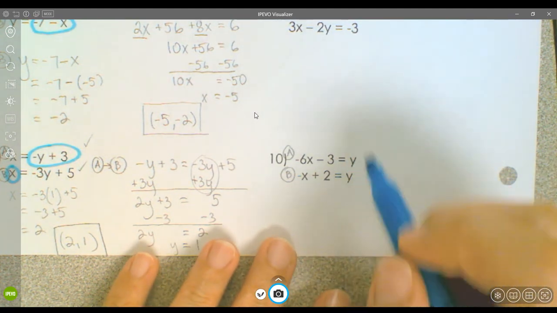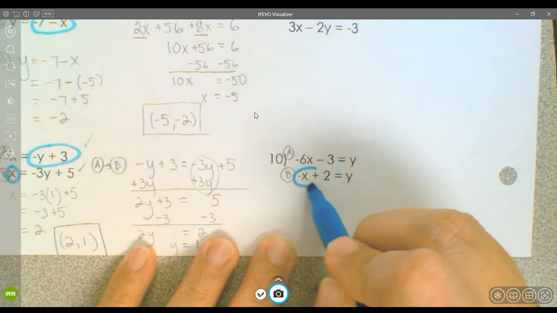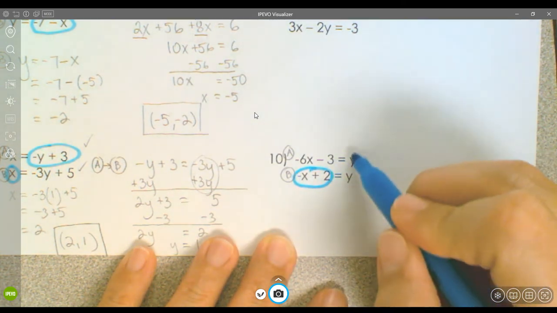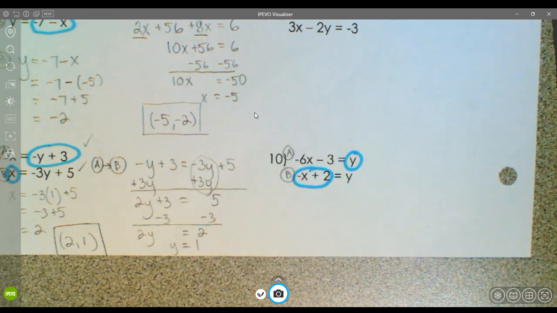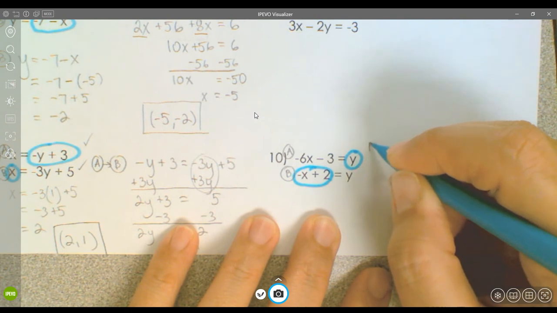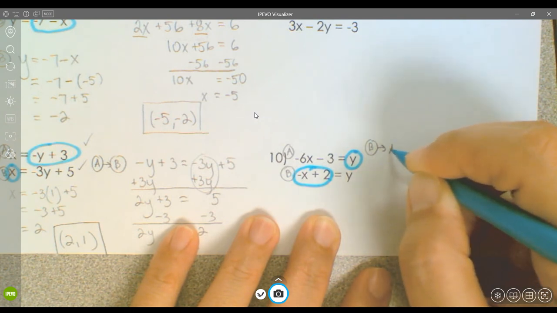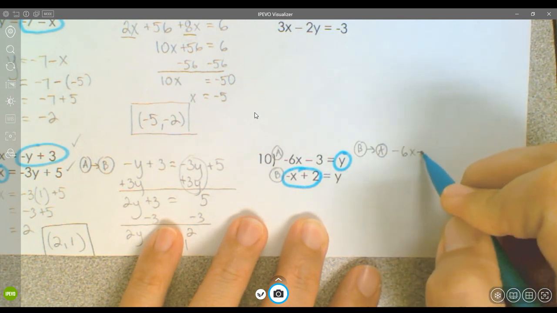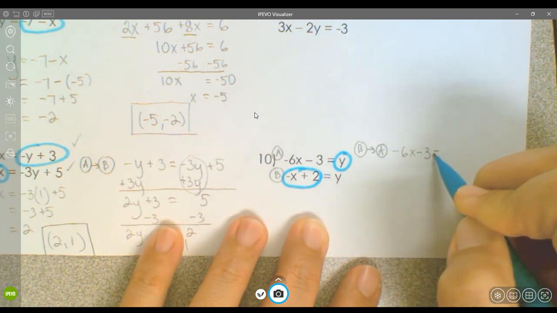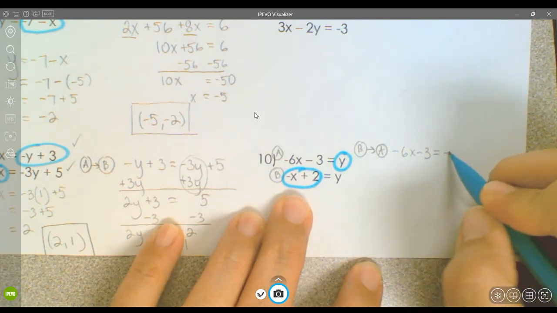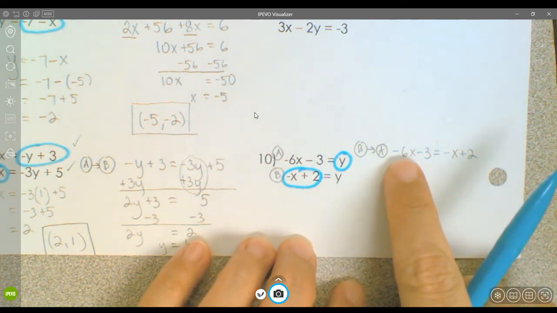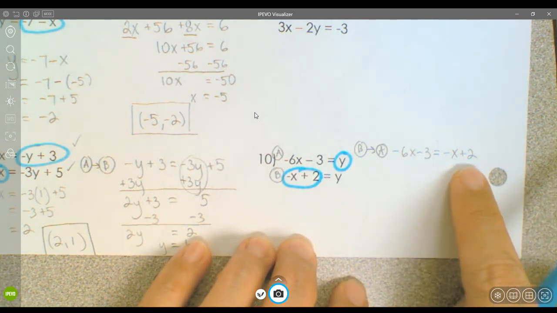So here, if you want to, I'll do this one. Y is by itself, and it means all of this. So all of this will go in for the y that's there. So when I take the information from equation B and I substitute it into equation A, I have -6x minus 3. It equals y, but y equals -x plus 2. So I have an equation with variables on both sides.